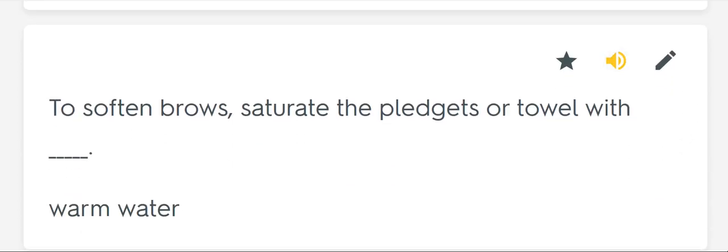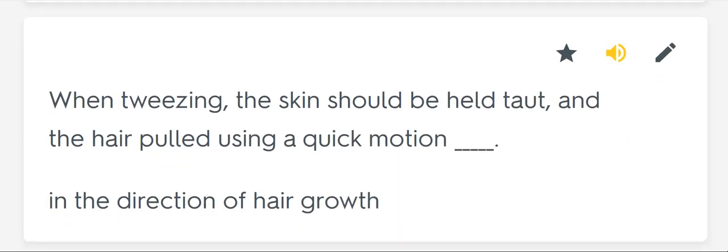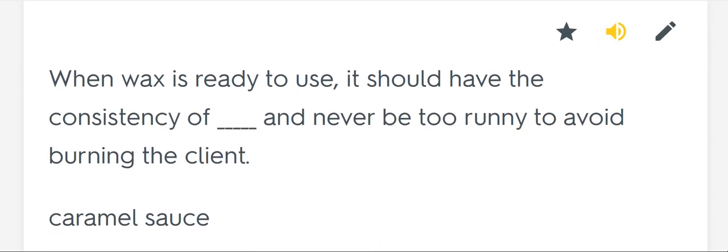To soften brows, saturate the pledgets or towel with warm water. When tweezing, the skin should be held taut and the hair pulled using a quick motion in the direction of hair growth. When wax is ready to use, it should have the consistency of caramel sauce and never be too runny to avoid burning the client.